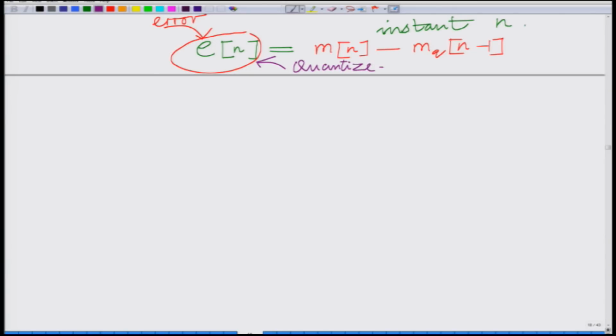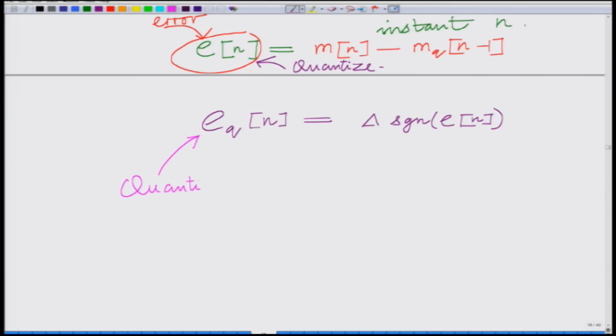So, what we are going to have is EQ[n], that is the quantized error, equals delta times sign of E[n]. Notice that EQ[n] is the quantized error. So, we are quantizing not the sample, but the error.